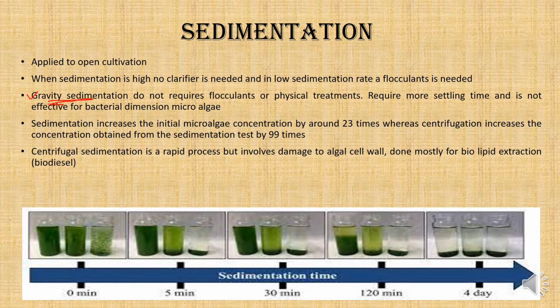Here we are seeing the gravity sedimentation, where there are different sized microalgae: this is a large size microalgae, this is an intermediate size microalgae, and this container contained bacterial dimension microalgae. And we see that after a period of 4 days, all the algae has settled down.